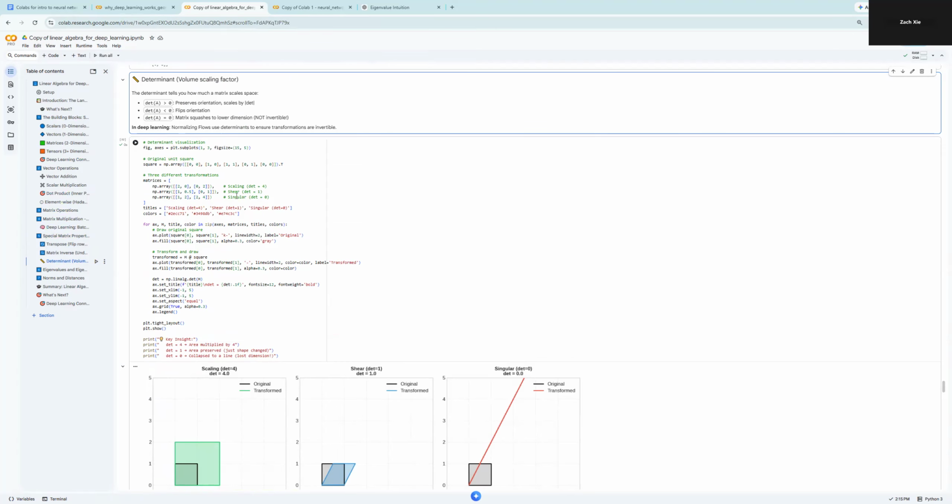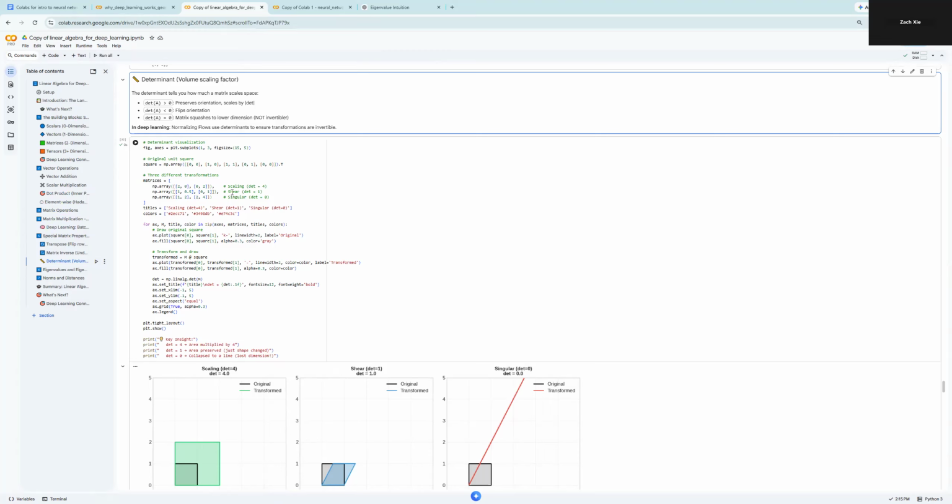Determinant intuitively or geometrically measures the change in volume. If you have a linear transformation and its determinant is greater than one, then after the linear transformation, the volume or the area of the original one gets expanded.